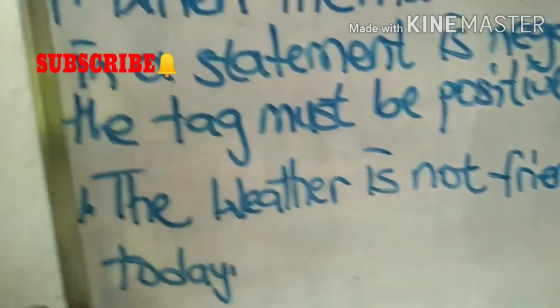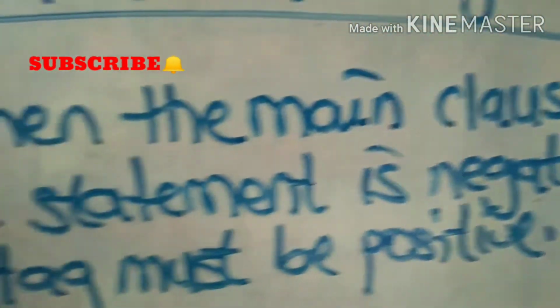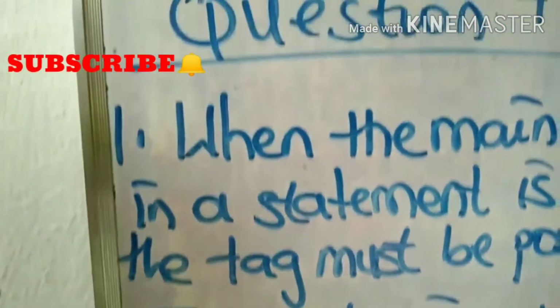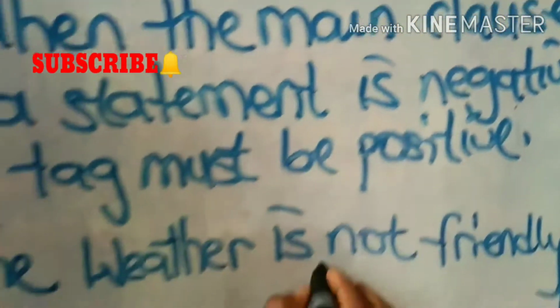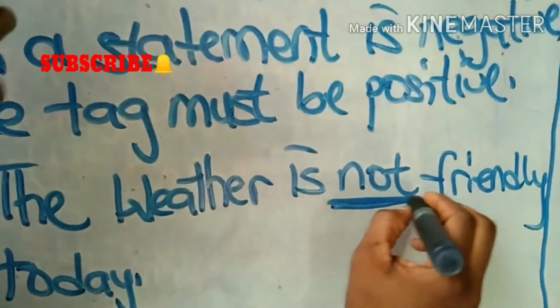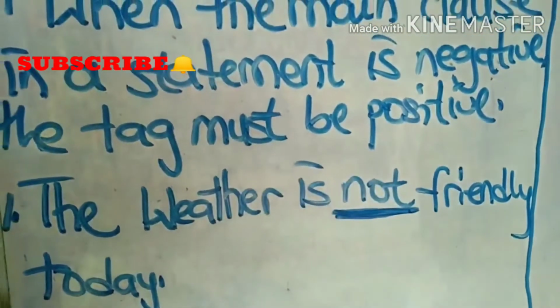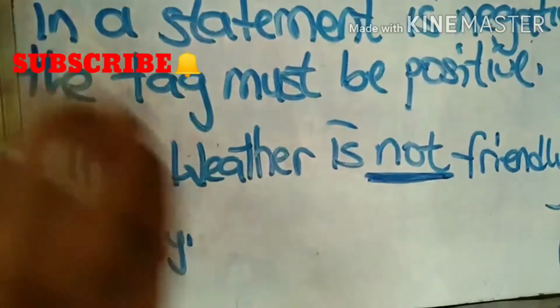Look at rule number 1: when the main clause in a statement is negative, the tag must be positive. Now, what makes a question or a statement negative is simply the use of the word not, N-O-T. So when you see the word N-O-T in a statement, it means that the statement is negative. Okay, now it says that the tag must be positive.